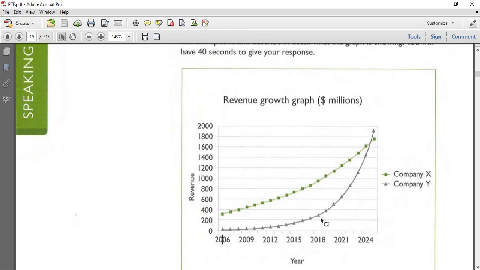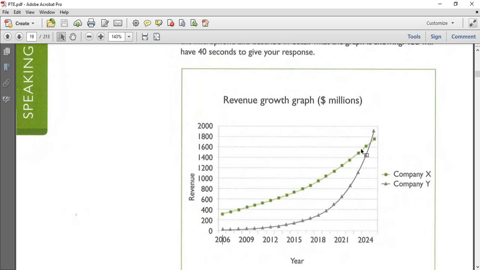But for company Y, from 2018, it starts growing significantly, as you can see, to around 19,000 million dollars in 2024, and that is the big difference.